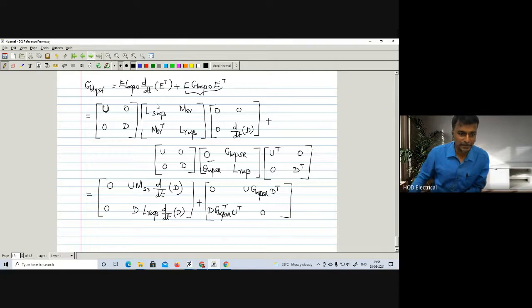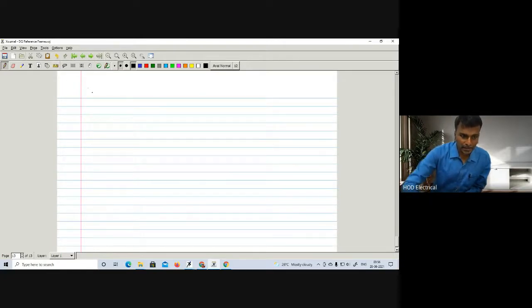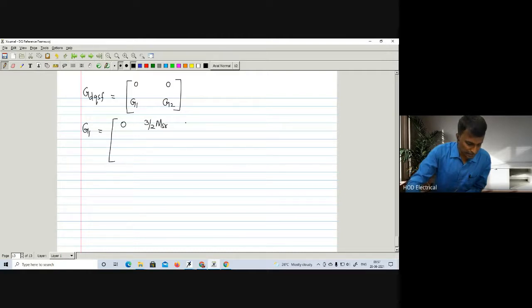Finally, we end up with the equation G DQSF is nothing but 0, 0, G1, G2 matrix. What is G1, G2? G1 can be written as 0, 3 by 2 MSR, 0, minus 3 by 2 MSR, 0, 0, then 0, 0, 0. Then we have the G2 matrix.